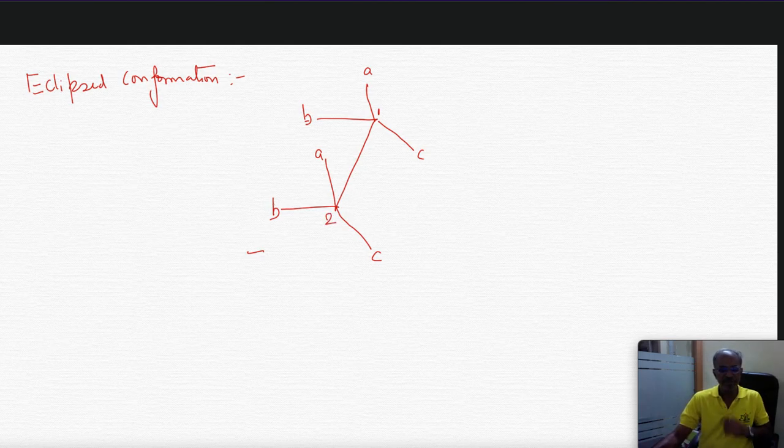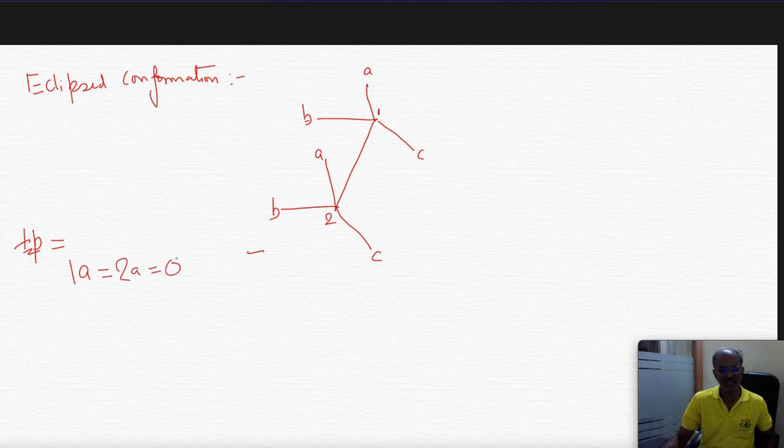Now, you can see 1A and 2A, they both are in line with each other. That means, can I say the bond angle between 1A and 2A is 0? That means 1A is eclipsed. Sorry, 1A is the same as 2A, which is 0 degree.